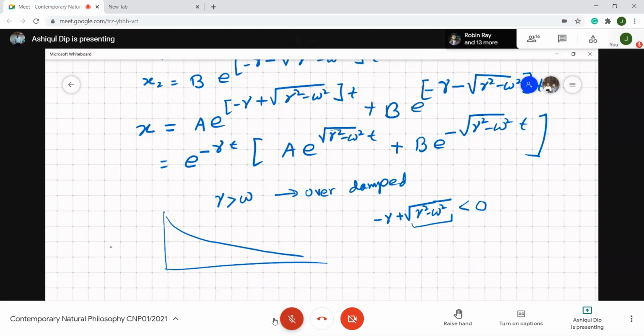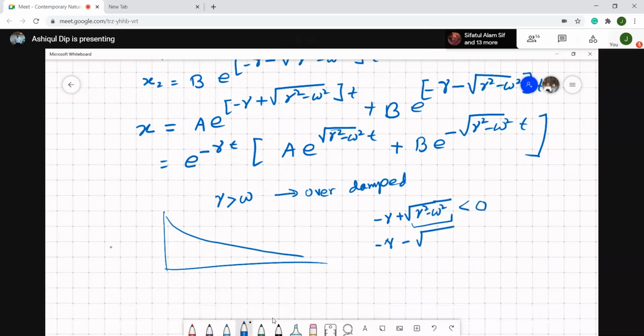Also, for the other one, negative gamma minus square root of gamma square minus omega square, that would also be less than 0. But this one would be smaller than the other one, right? So this is the smaller one, this is the bigger one. As it is a negative exponent, you can neglect that part, because the other one would be the dominating part.